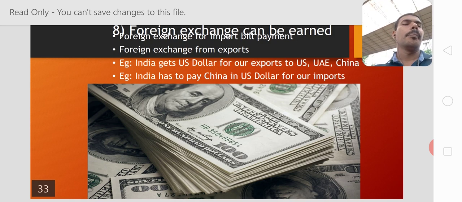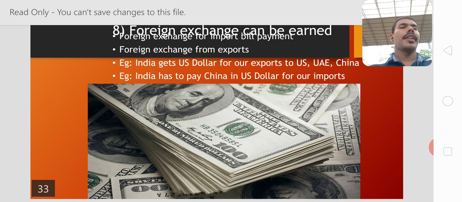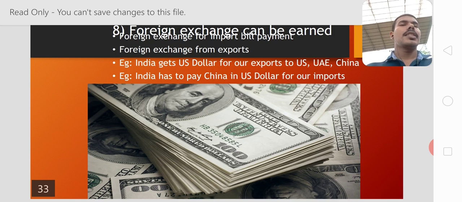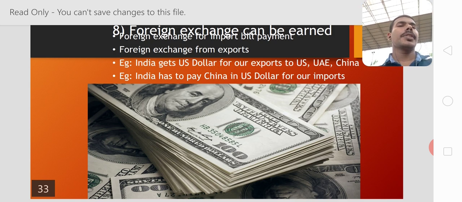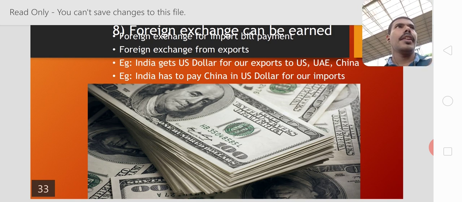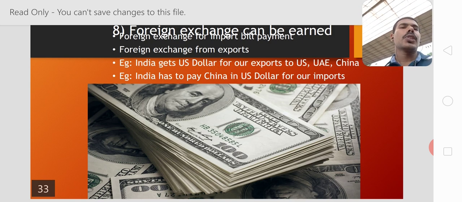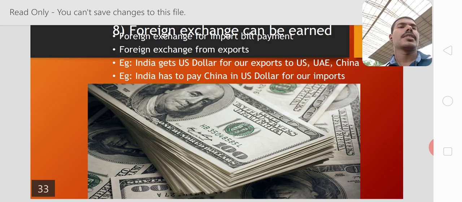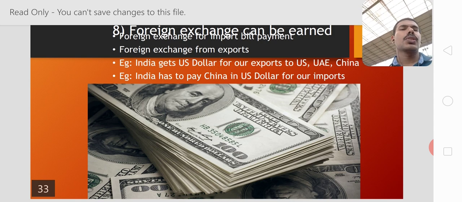This is the base of the money supply in a nation. So this is so vital for a nation. Remember, in 1991 we had a BOP crisis, as we had almost exhausted the foreign exchange reserve. So this is so vital.